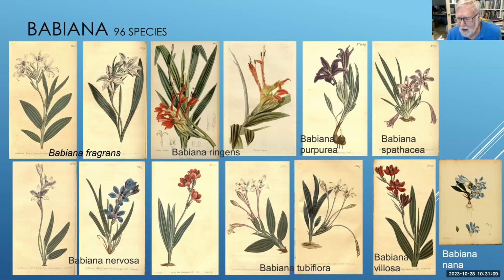Radially symmetrical flowers are called actinomorphic, and I mentioned that the bilateral symmetrical flowers are called zygomorphic. So you'll hear those terms a lot. But in each genus of these irises, there are plants with actinomorphic flowers and there are plants with zygomorphic flowers, just because the pollinators for that particular species have developed the plants into something quite different.